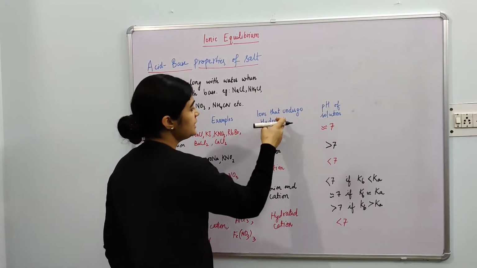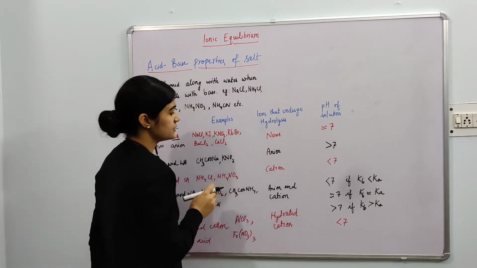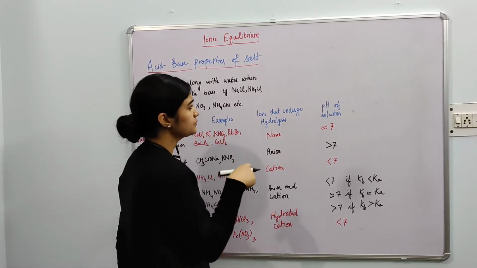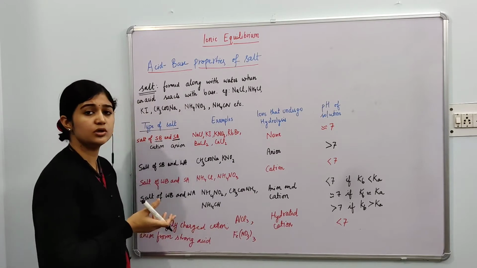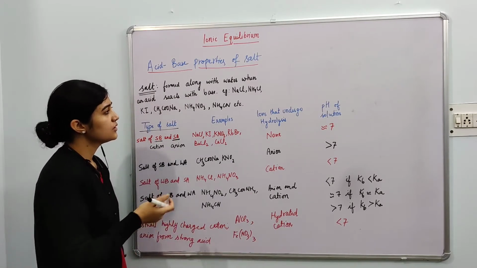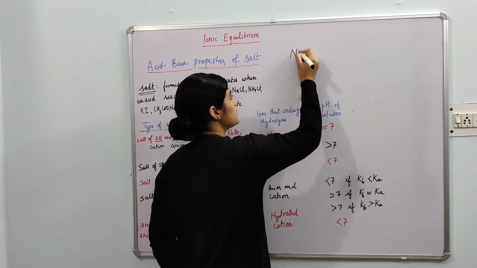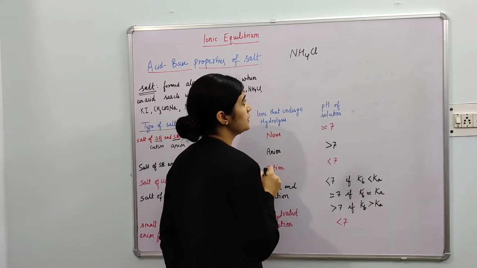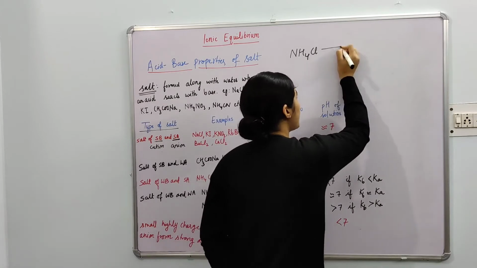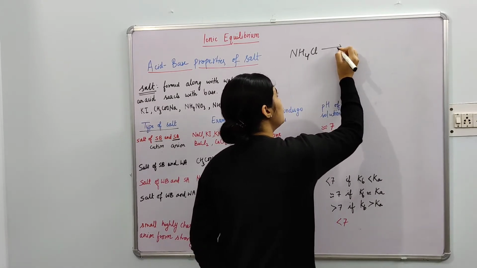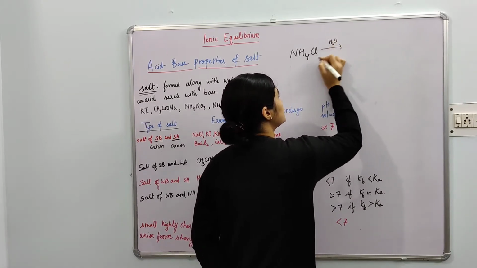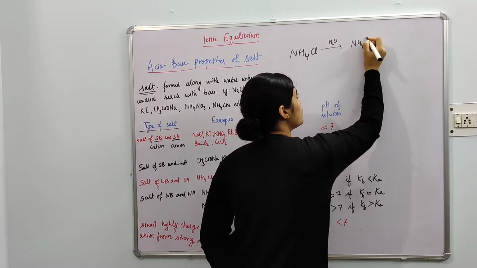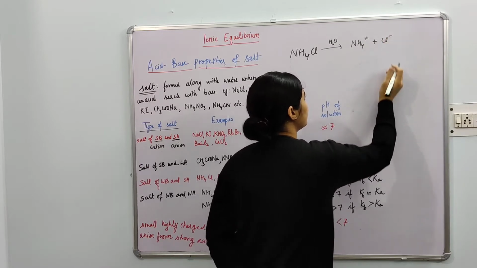Now, ions that undergo hydrolysis. Sometimes you have a salt in which an ion undergoes hydrolysis. Let's try to understand this with an example, NH4Cl. This NH4Cl in water gets ionized and forms NH4 positive plus Cl negative.